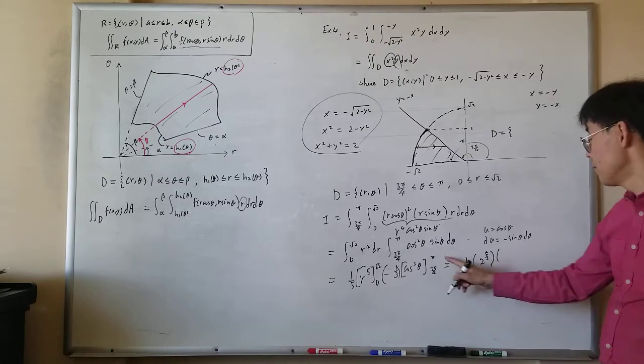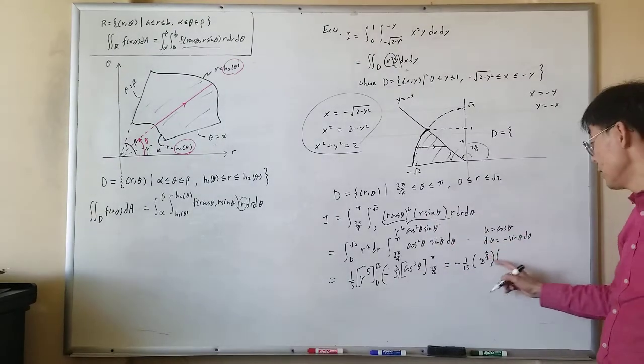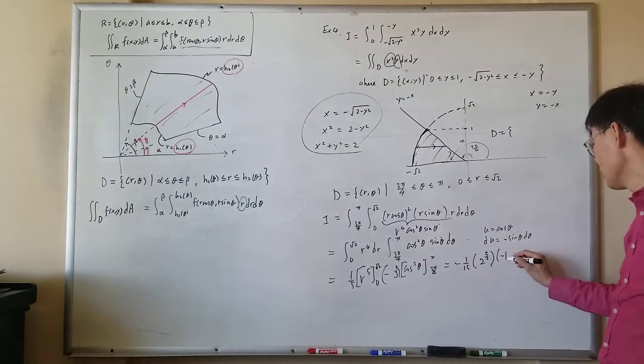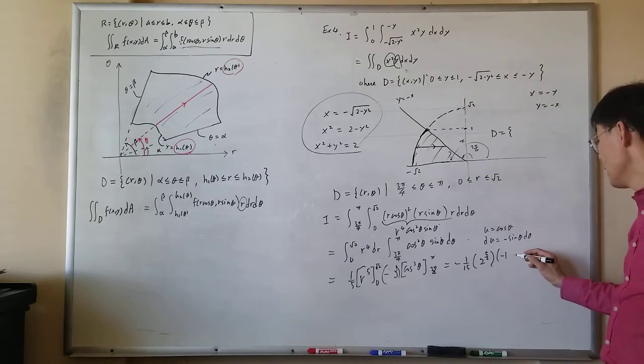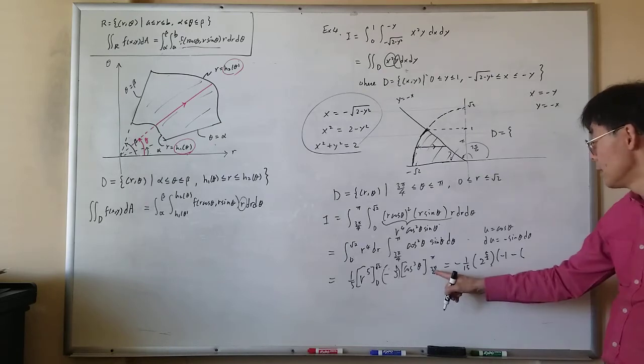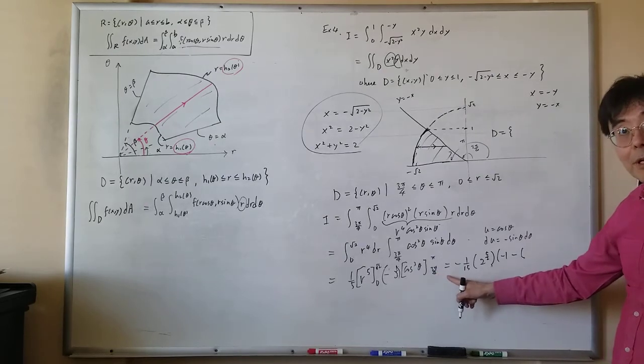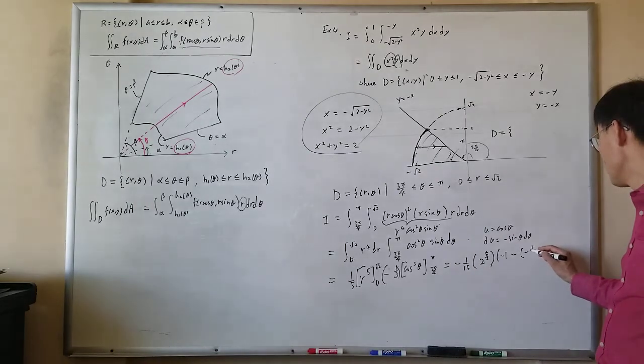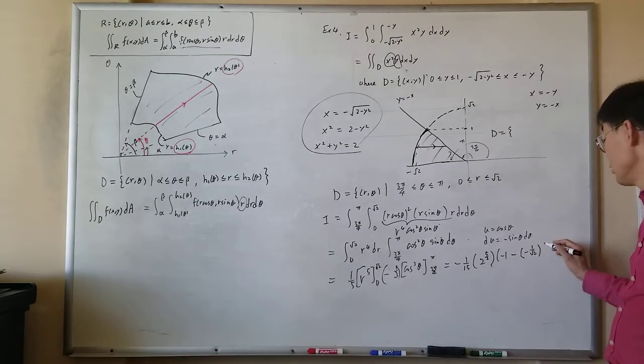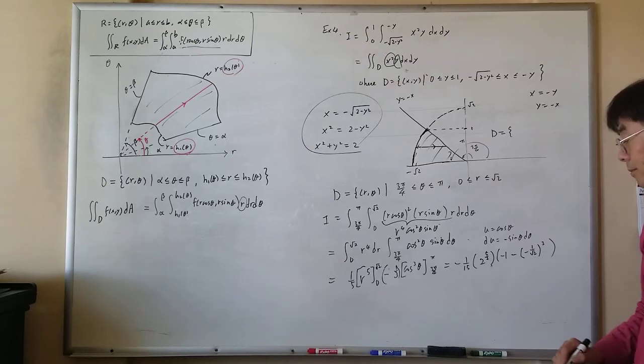And cosine of pi is -1. -1 to the third power is -1. Minus of cosine 3 pi over 4 is minus 1 over square root of 2, to the third power.